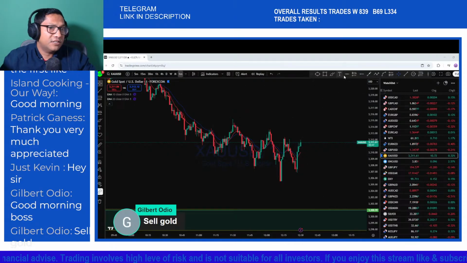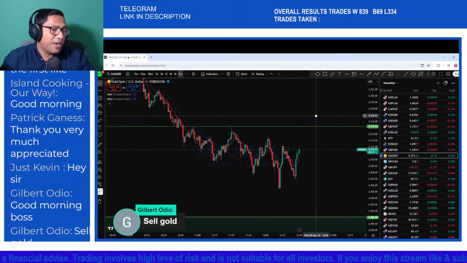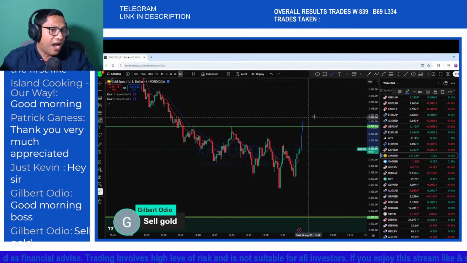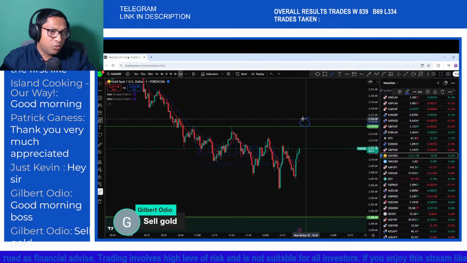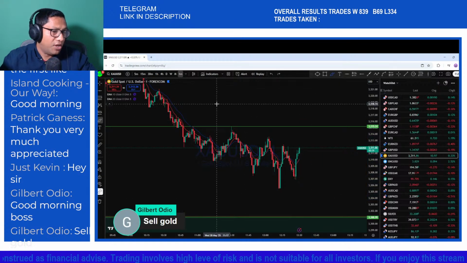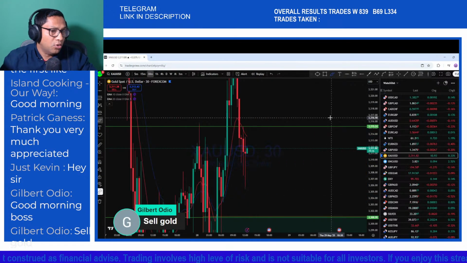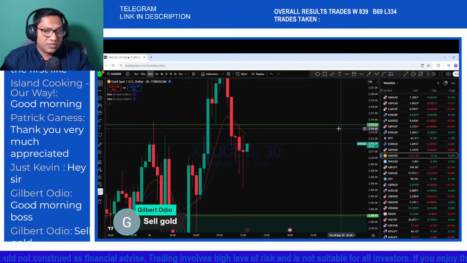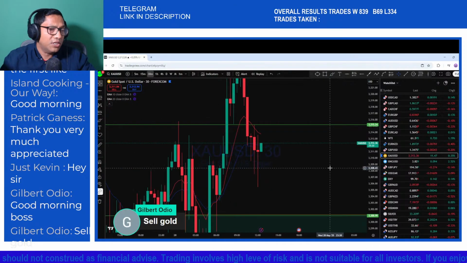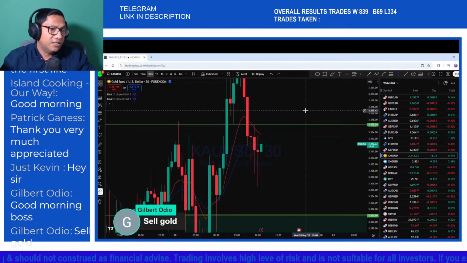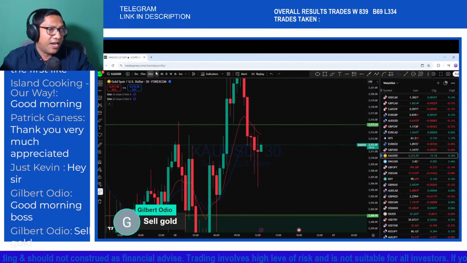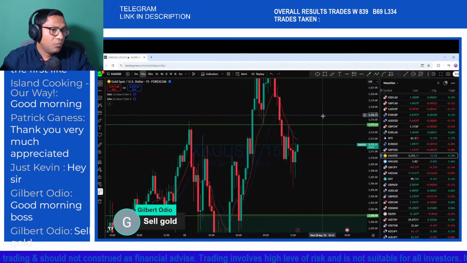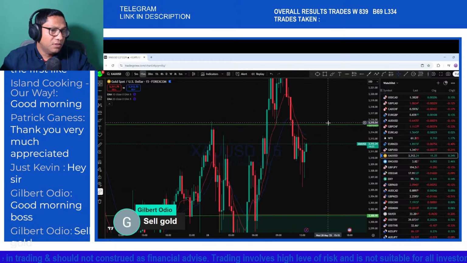Here is another important resistance line. I'm expecting XAUUSD to move back up, grab liquidity, and potentially drop back down again to create a new lower low here. The 30 minutes candle closed and the new one is opening. We see there is a push back to the upside here with around 15 minutes as well.